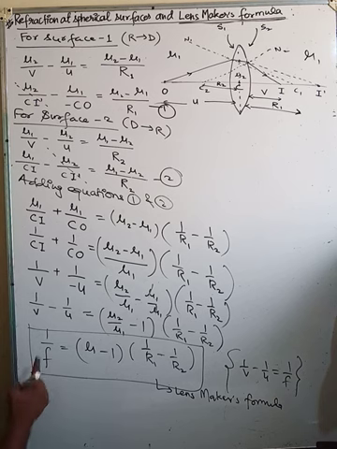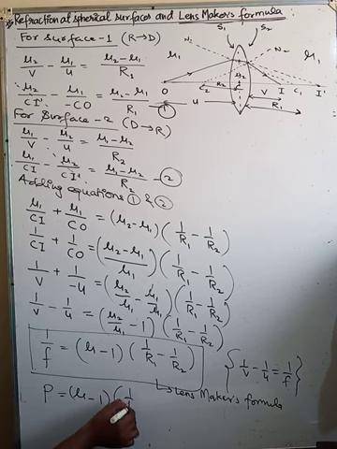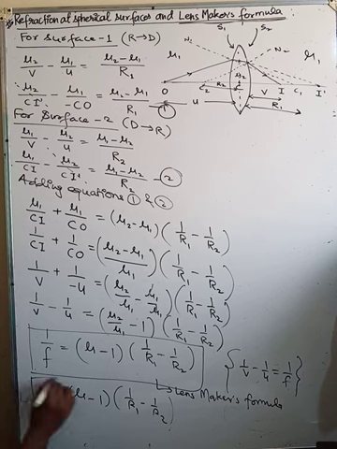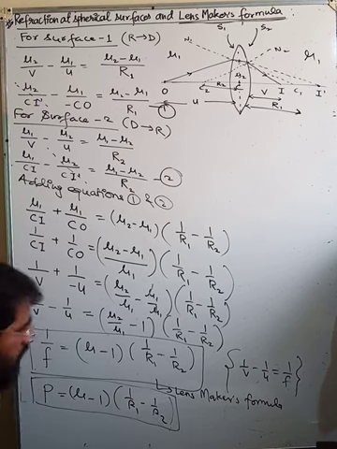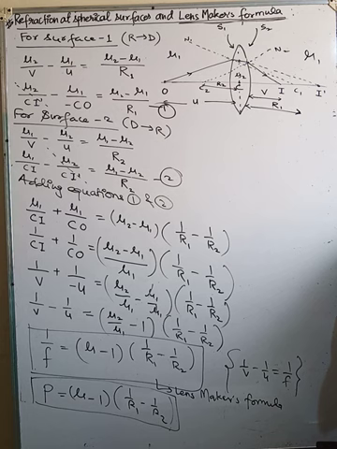One step ahead, 1 upon F is equal to power. So mu minus 1. This is all about lens maker's formula.